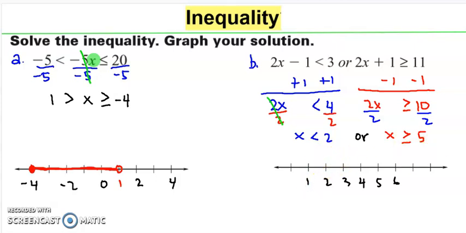So open circle on 2, and we shade to the left of it, and closed circle on 5 because there's an equal sign, and then we shade to the right of the circle. So the solution to this inequality is anything less than 2 or greater than or equal to 5.